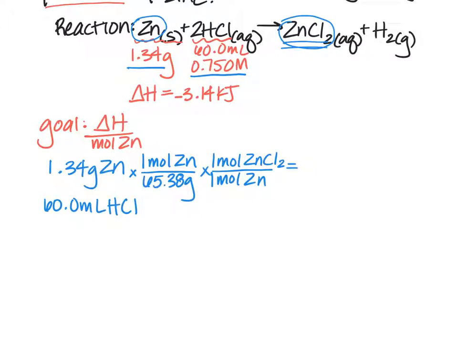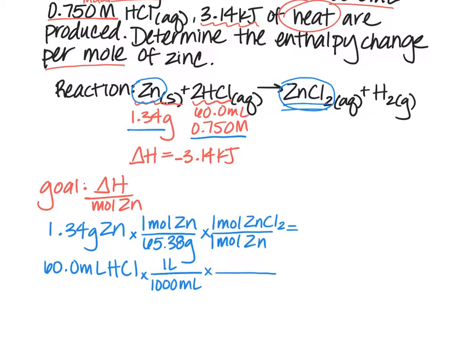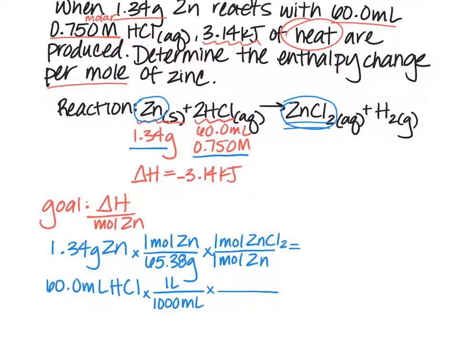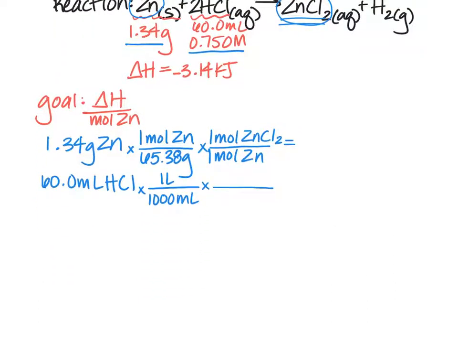And then I'm also going to look at my hydrochloric acid, HCl. First, I need to convert. Now, again, you don't need to be familiar with molarity, so if you don't want to look at this step, just skip it. But I am going to show those who are wondering about the answer in the book how it's possible to get that answer. Convert my milliliters to liters, and then I'm going to take my molarity, which is 0.750.